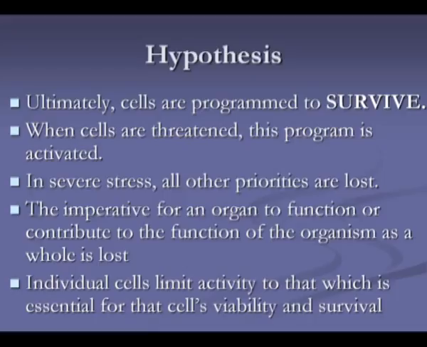So the imperative for an organ to function or contribute to the function of the organism as a whole may be lost when its survival, at the individual cell level, is threatened, and therefore individual cells will limit their activity to that which is essential for survival and viability. That is, maintaining membrane integrity, making sure that sodium is pumped out and potassium is pumped in, etc. And the rest of the things that these cells are programmed to do cease to happen.